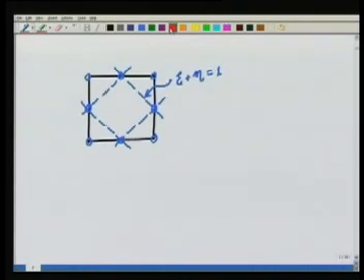Similarly, this line is psi plus eta equal to minus 1, because this is the point with coordinates psi equal to 0, eta equal to minus 1, and this is the point with psi equal to minus 1, eta equal to 0. Similarly, these two lines are perpendicular to these.